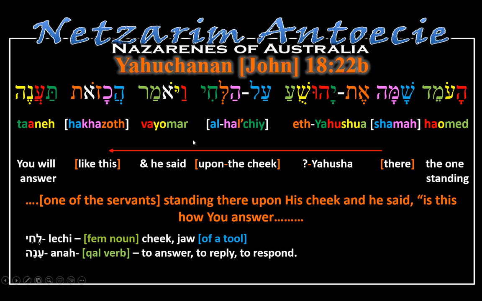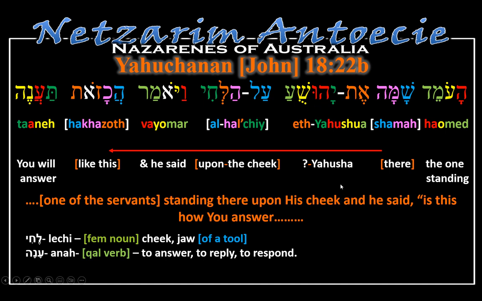So let us begin reading here, and we begin with Ha-omed, and it is the one standing, so therefore it's a noun. The one standing, Shema, there, et grammar marker, Yahushua.